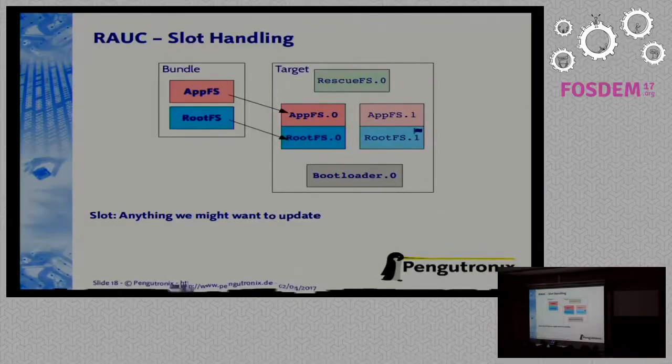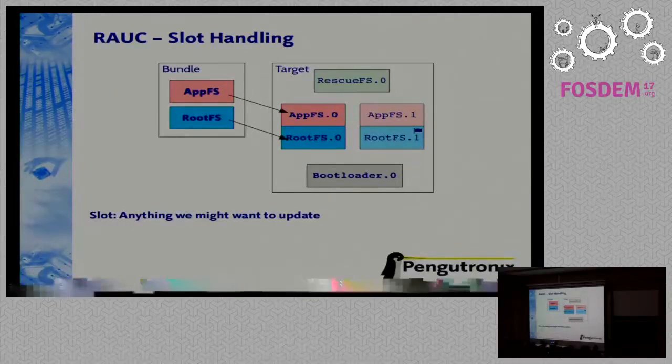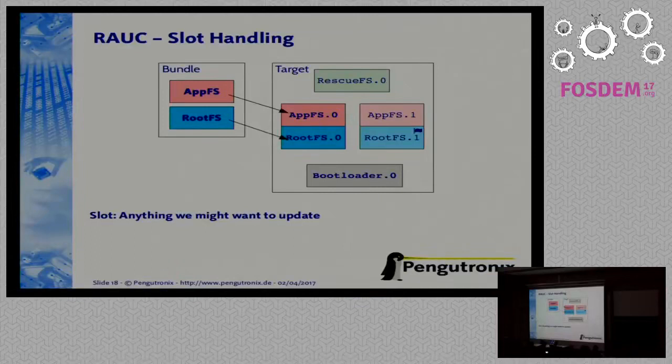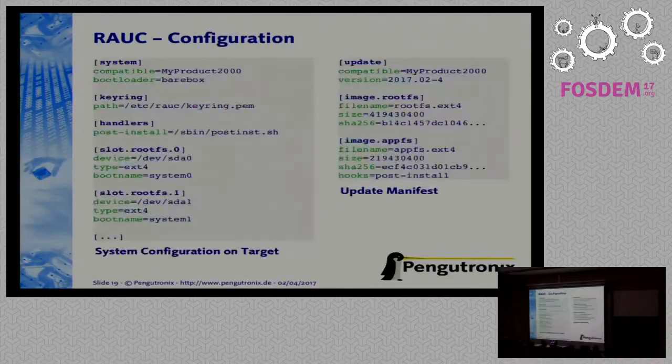And then you can create in your configuration classes of slots, for example, application file system, a root file system, and instances of the slot. And this is used by RAUC to match what you have in your update bundle, where you have an image for a specific class, to the real device on your target. That's one of the core algorithms that RAUC provides.